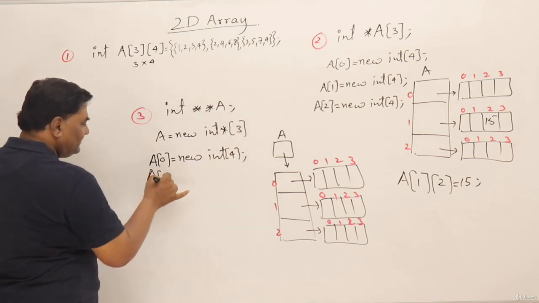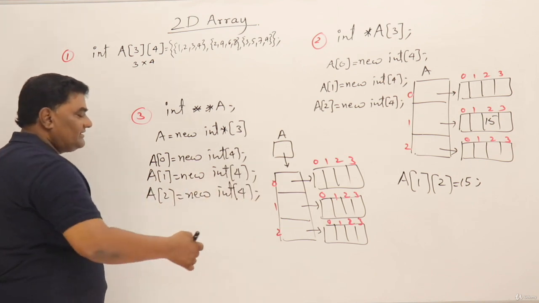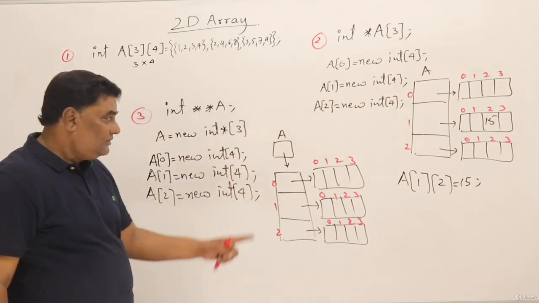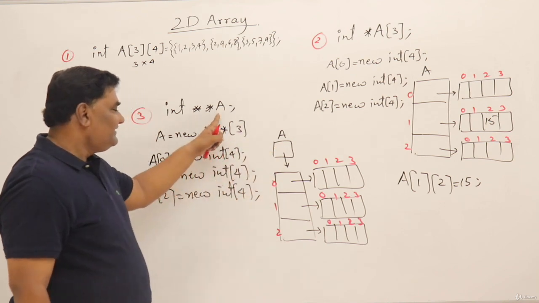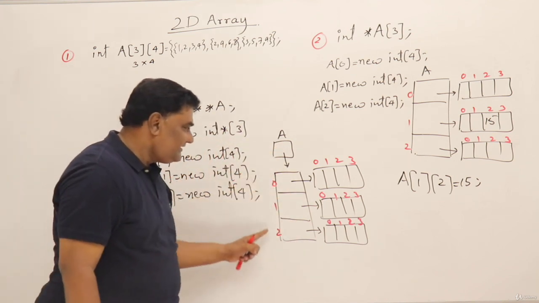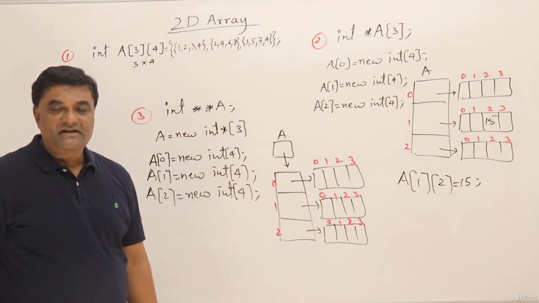Then a of 1, a of 2 assign new. So that's all. The entire structure is in heap now. Only this double pointer is inside stack, because this is new, this is new, this is new. So this is created with new and all three are created with new. Everything is in heap. So that's all.